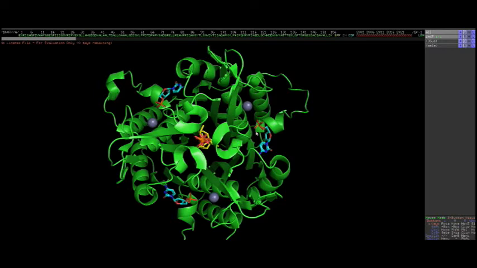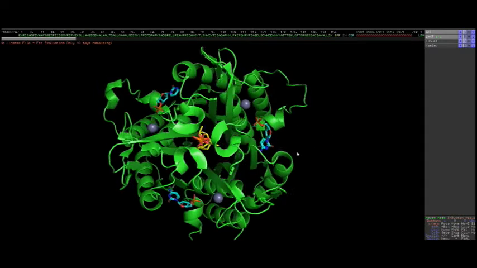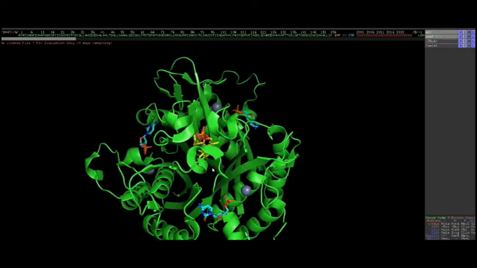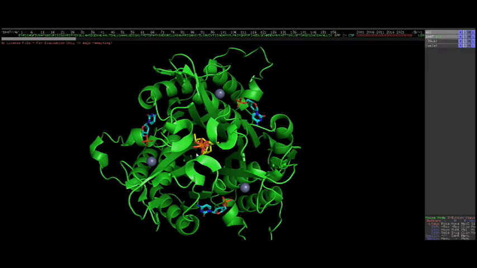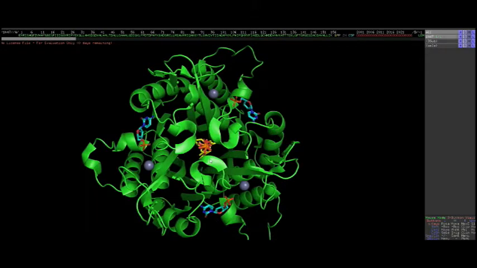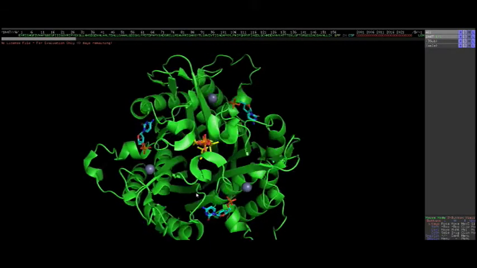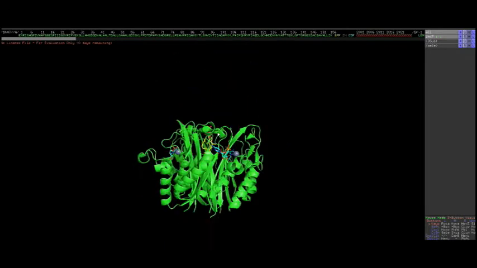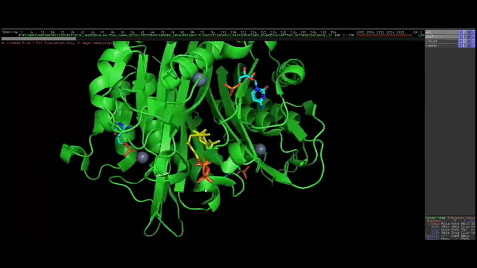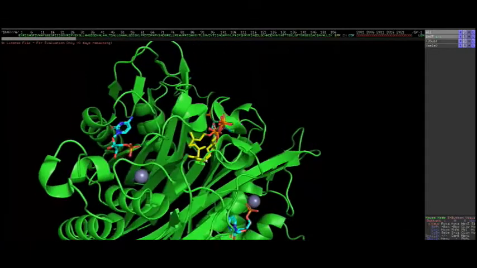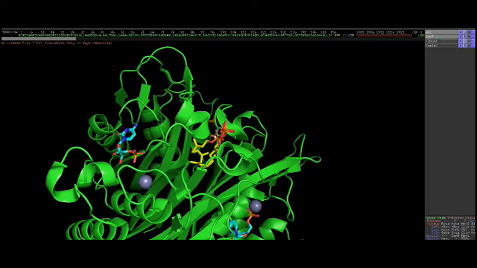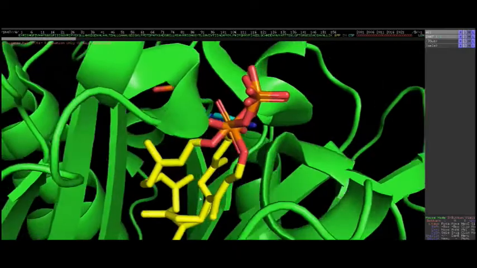So a product from a later step in the pathway is coming and binding to this, and that would actually be inhibiting this enzyme. And so if we start getting too much product in a later step here, it'll start binding to this enzyme and inhibiting its enzymatic activity. And so we can actually see where this product of a later step in the biosynthetic pathway is binding.